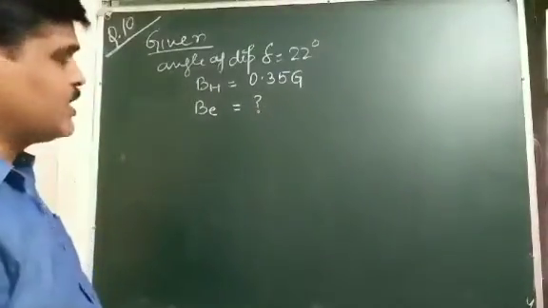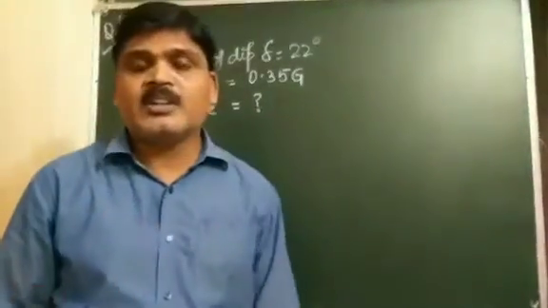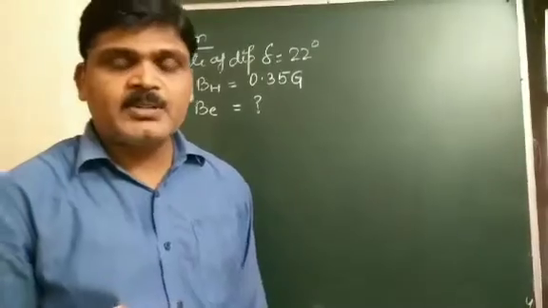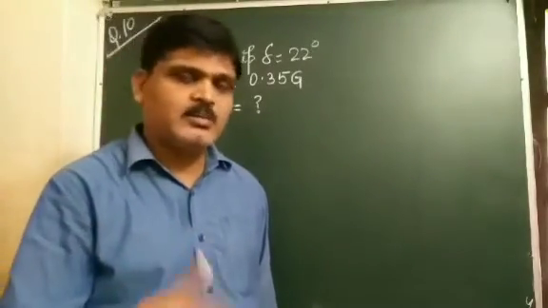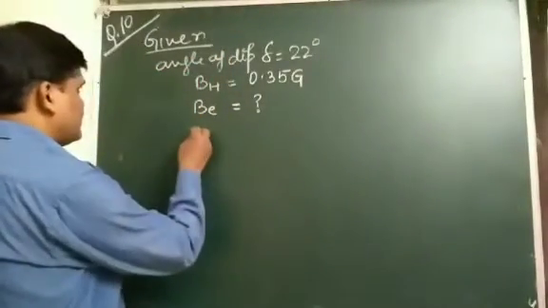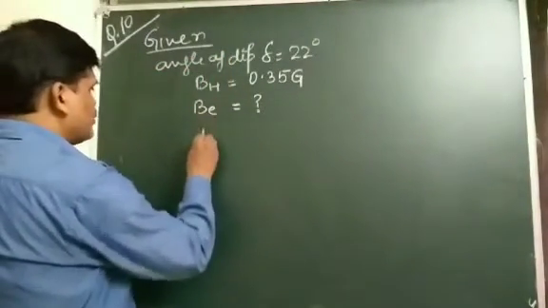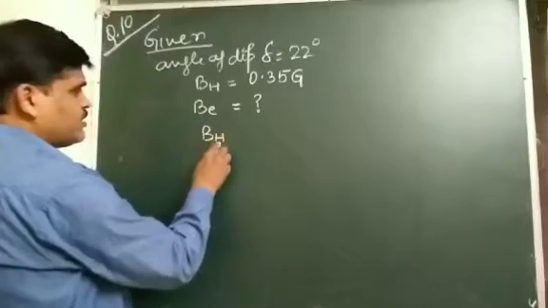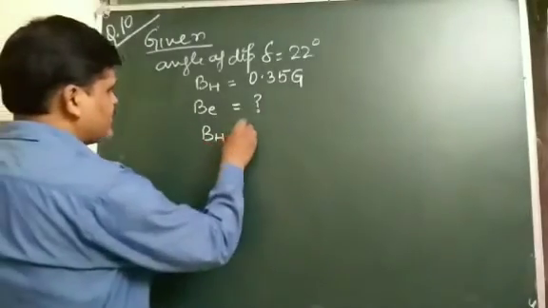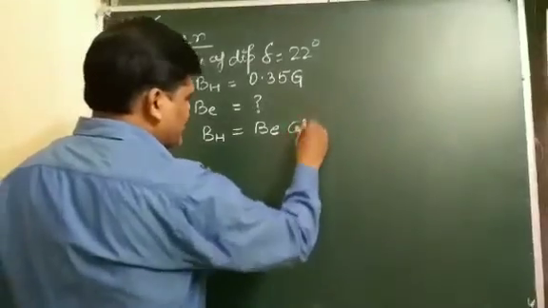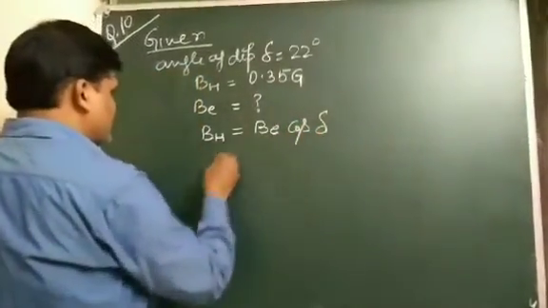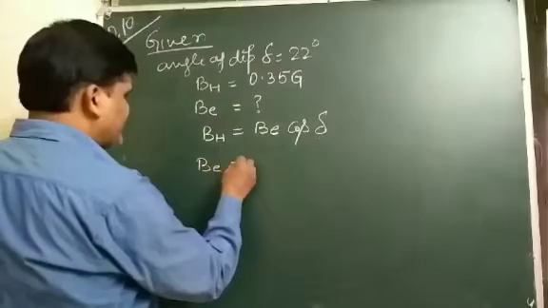And student, you know the formula of the horizontal component of the earth's magnetic field: BH is equal to B cos delta. Already I have explained to you that in the derivation. This is the horizontal component of the earth's magnetic field, delta is the angle of dip, and we have to find BE.